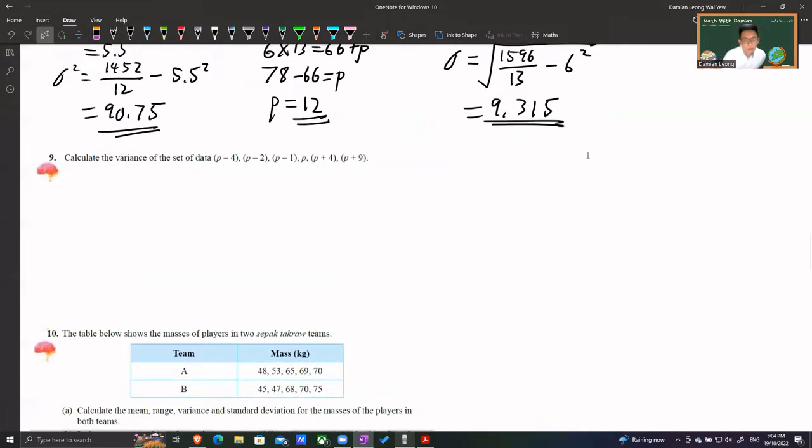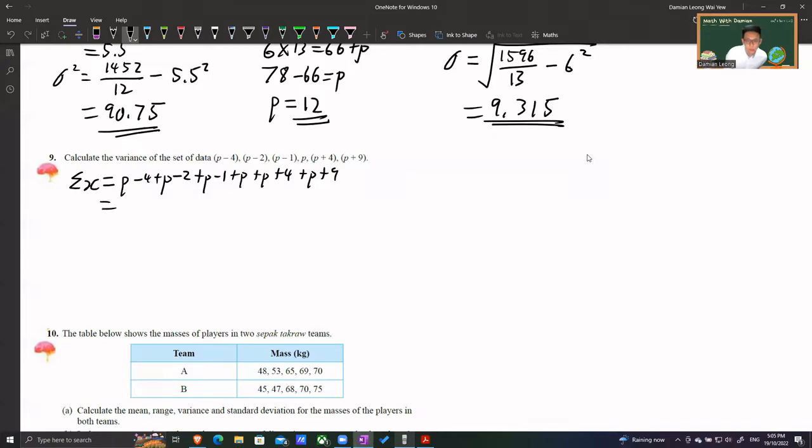Now question 9. Calculate variance of the set of data here. Okay. So let's add this all together. Let's find the sum of values. So p minus 4 plus p minus 2 plus p minus 1 plus p plus 4 plus p plus 9.